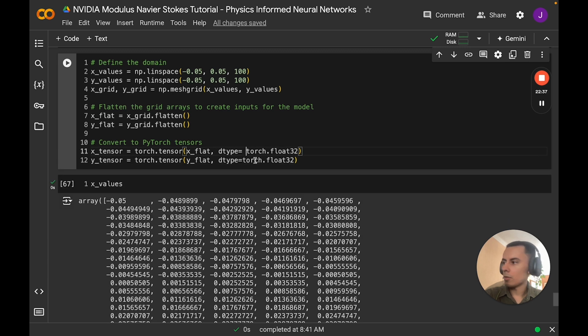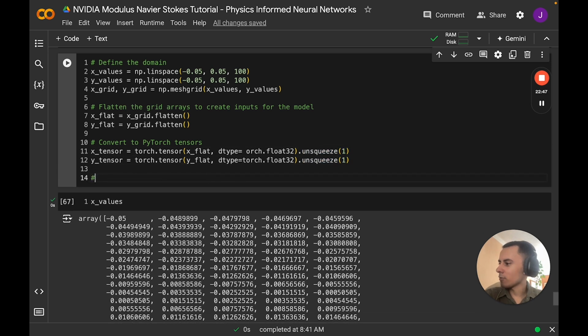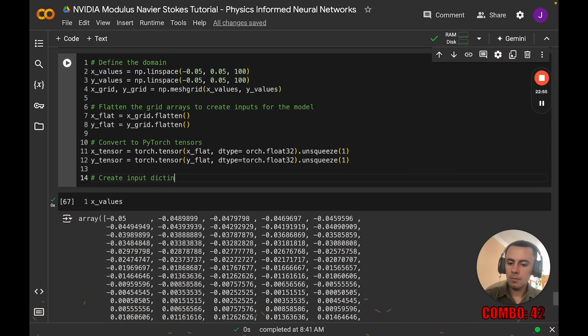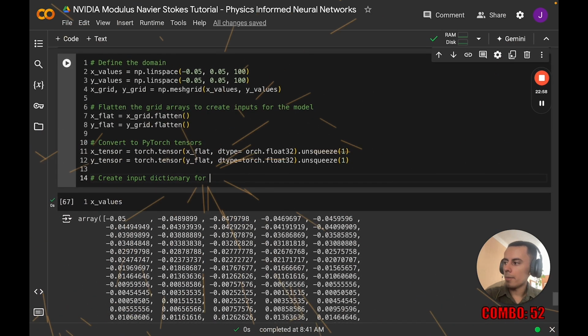Dtype, torch. Why do I need them in squeeze? We're going to test if it works. But without that, I need to remember when. Okay, create input dictionary for the model.